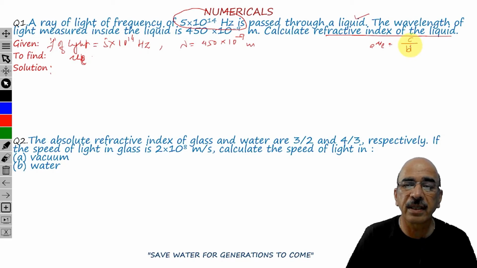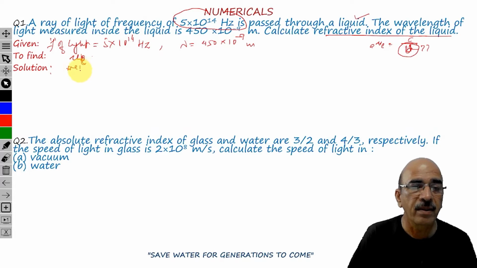But speed v of light in the liquid is not given. So first we need to find the speed of light. So here we will write the solution: we need to find the speed of light in the liquid.